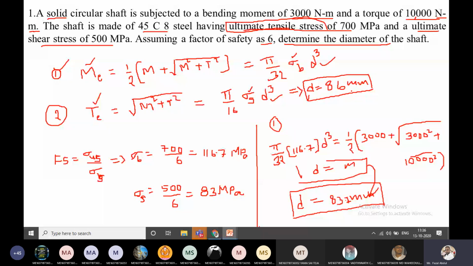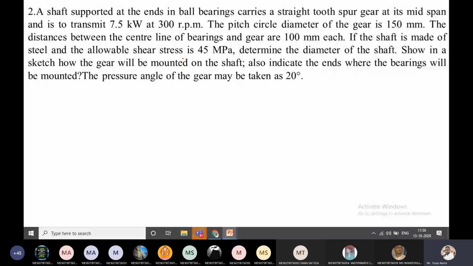Now one shaft is there, and the shaft is supported at the ends by ball bearings. So I'm drawing the shaft here. One shaft is there, supported in the ends by ball bearings.